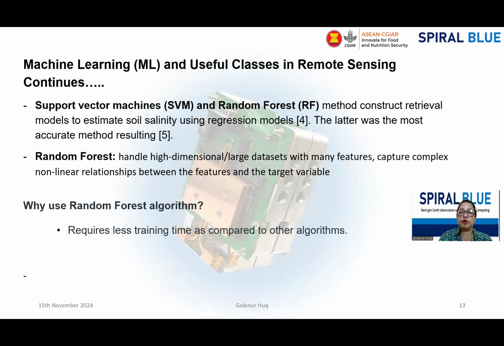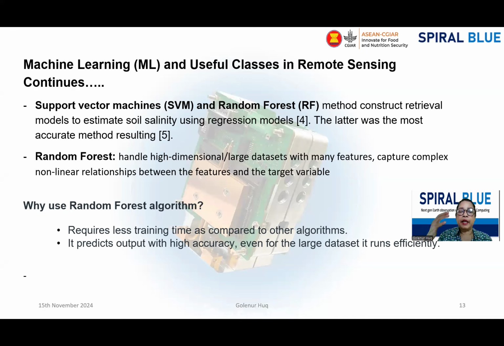Basically, it requires less training time as compared to other algorithms. It also predicts output with high accuracy, and even for a large dataset it runs effectively. It also maintains accuracy when a large proportion of data is missing.